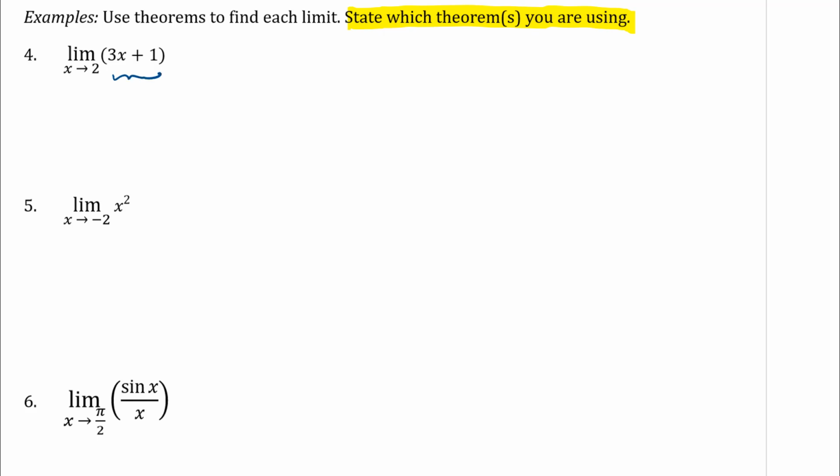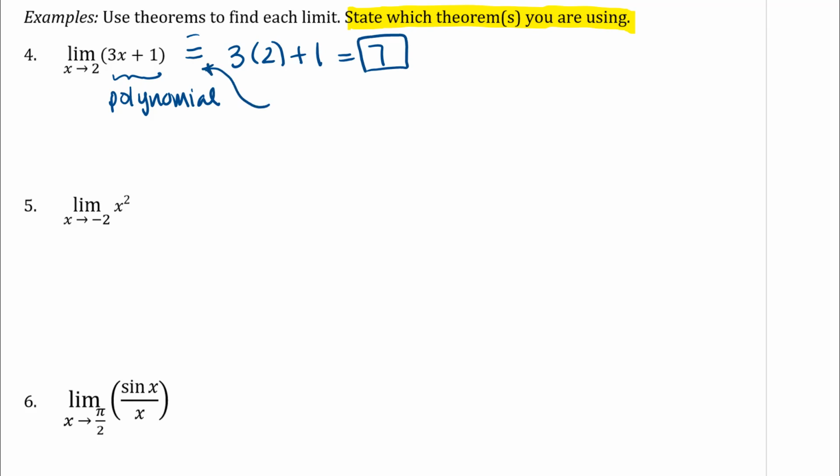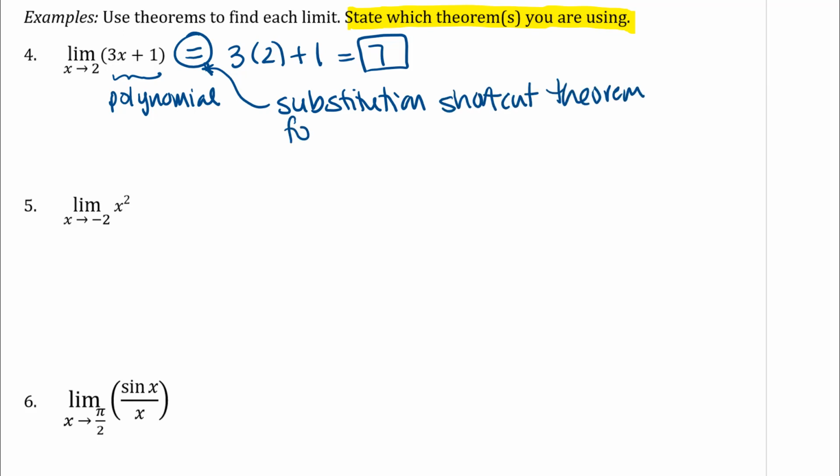You don't necessarily have to write this, but that substitution shortcut theorem for polynomials says that I can go ahead and substitute x equals 2 into the function in place of x and then simplify it and get my answer here. All right, so which theorem did I use? And this is the step right here where I wrote equals, where I used that. I used the substitution shortcut theorem for polynomials.